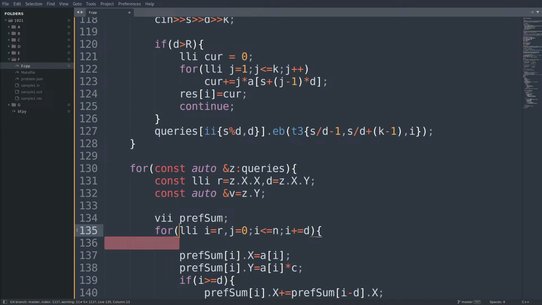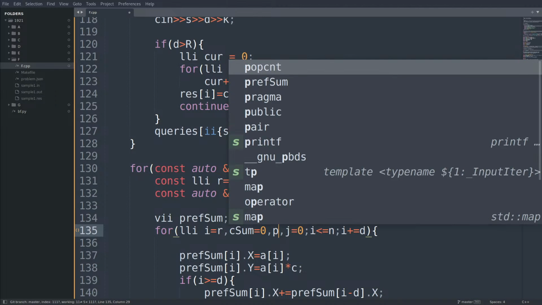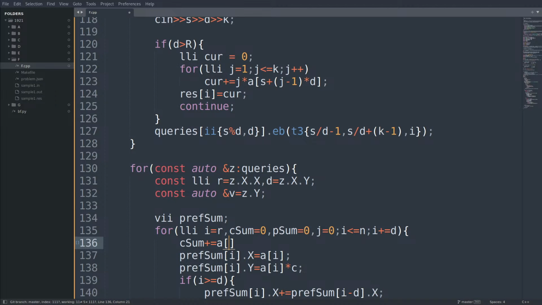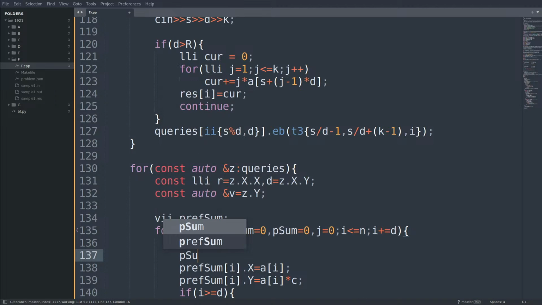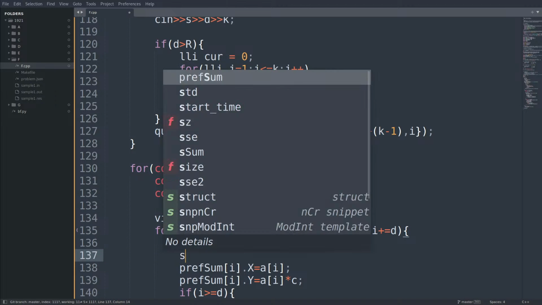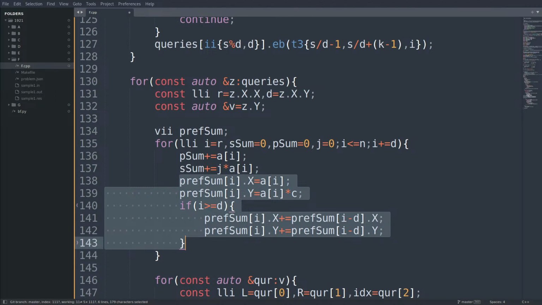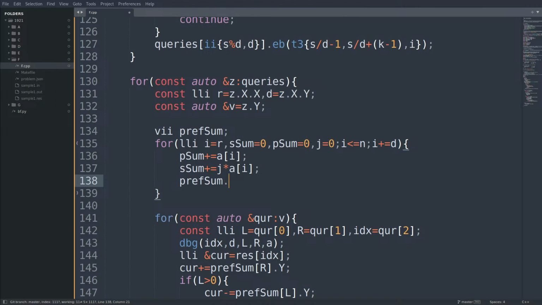Prefix sum. Let me call it sum. Push back.